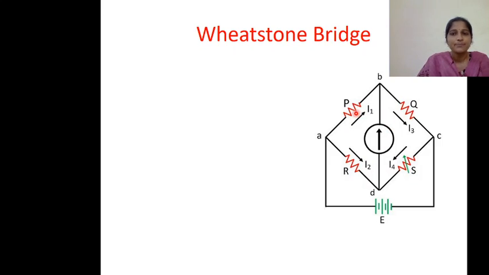That means P into S is equal to R into Q, so R is equal to PS divided by Q. This we have already studied, and we can also solve this by using the current equations, nodal equations, as we derived in the last topic.